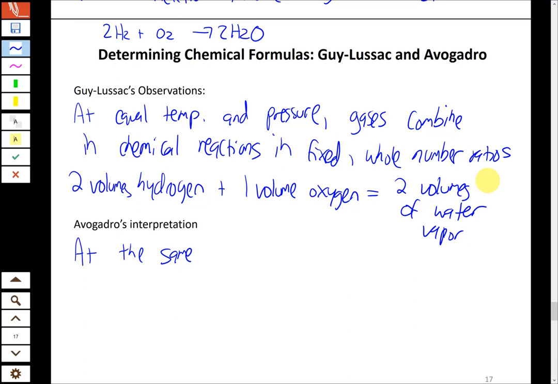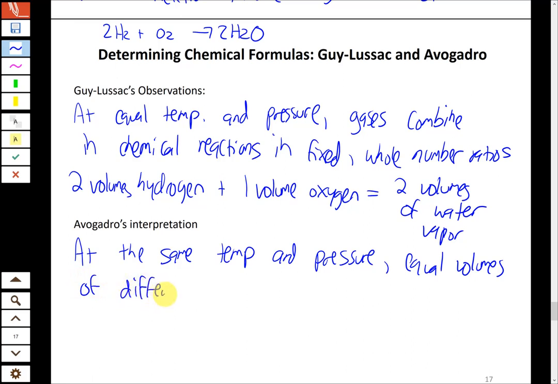All right, so Avogadro's interpretation of this was that if you're at the same temperature and pressure for gases, equal volumes of gas, and it doesn't matter which gas you're talking about, any different gas, have the same number of particles.